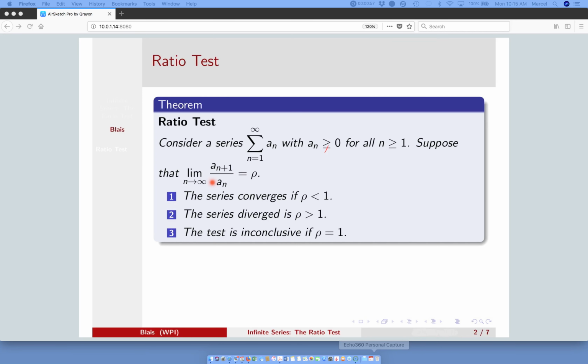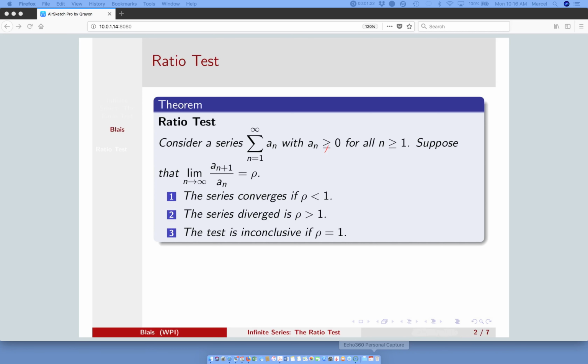If that limit, the limit of the ratio of successive terms, rho is smaller than 1, the series converges. If rho is bigger than 1, the series diverges, and if rho is equal to 1, then the test is inconclusive and it doesn't tell you anything. You have to go to a different method.